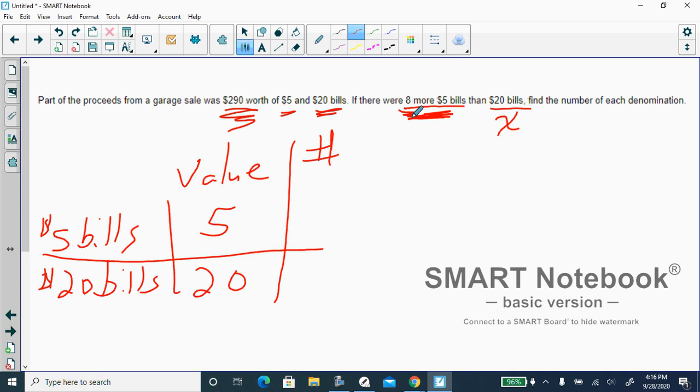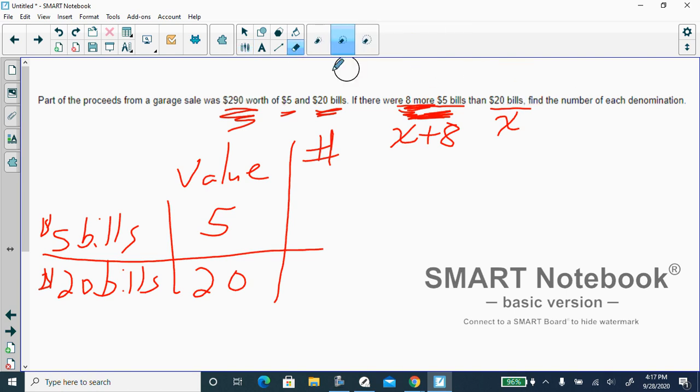So if we know how many 20s, the number of 5s is 8 more. 8 more means plus 8. For example, if there are 2 20s, there are 8 more 5s. 8 more than 2 would be 10. If there are 7 20s, 8 more than 7 would be 15 5s.